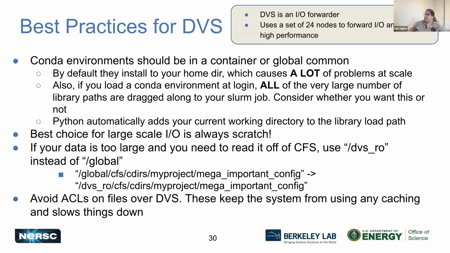So the rest of it is going to be the exact same. It's going to be wherever it is regularly on CFS, regardless. But the first thing you want to do is change this out for the read-only mount. And avoid ACLs, which I actually don't remember what those are, but if you know what they are, maybe don't use them.